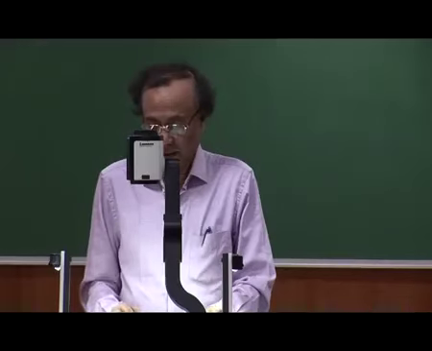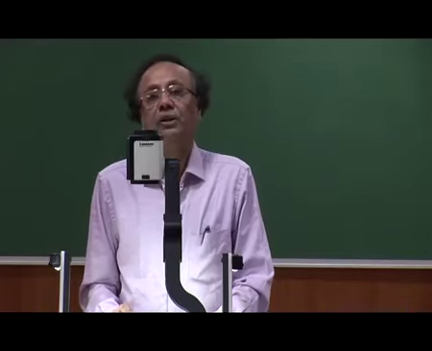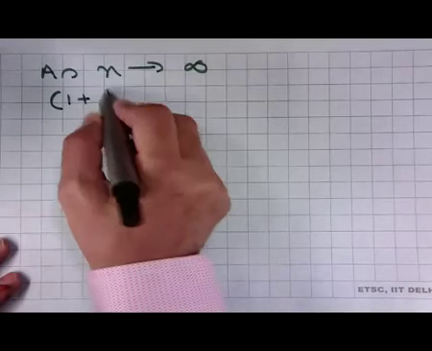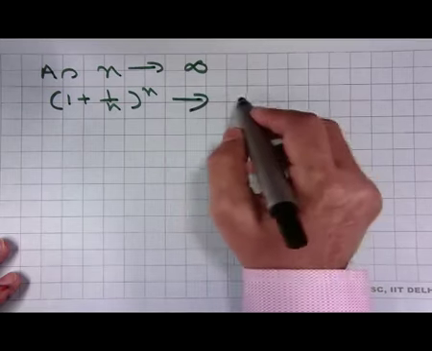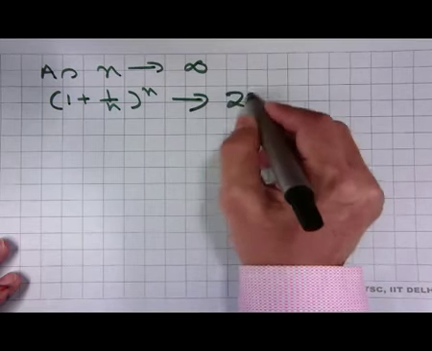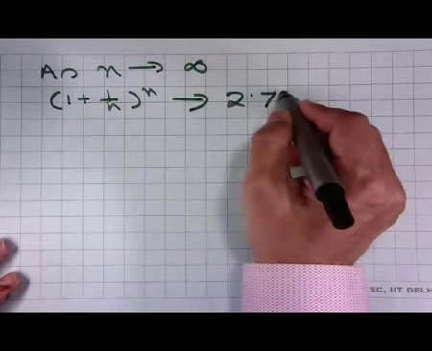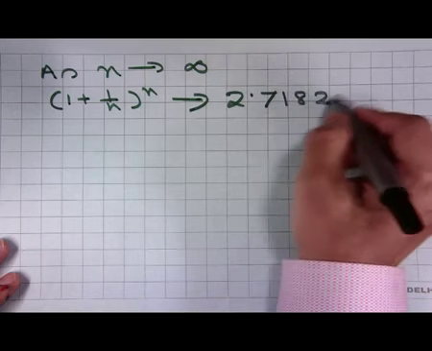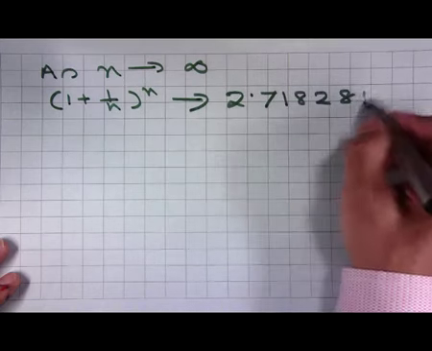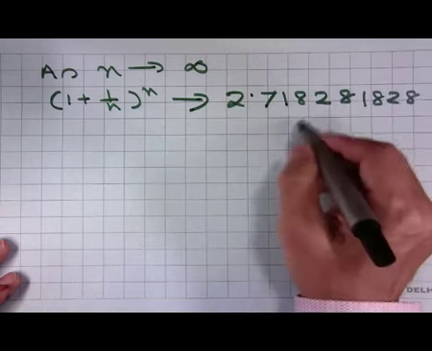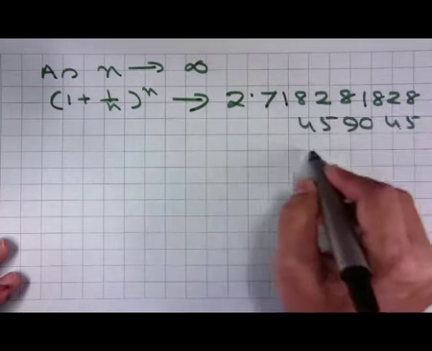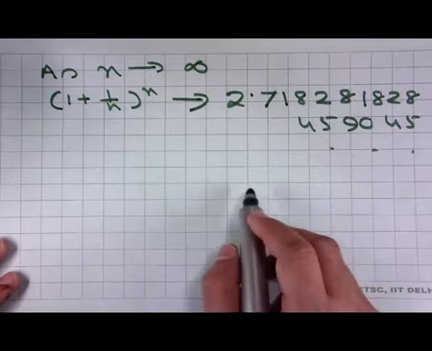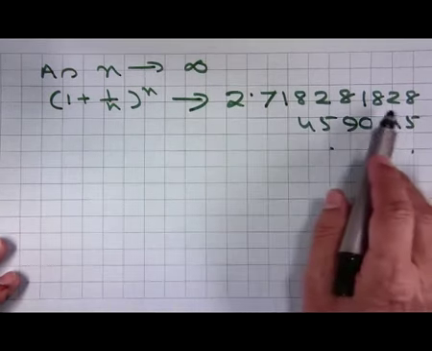In fact, as n goes to infinity, 1 plus 1 upon n whole to the power n will converge to a constant, which is 2.71828... There is no end, as this is an irrational number.